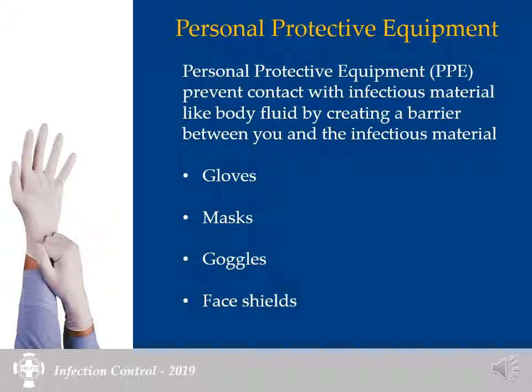It's important to always use appropriate equipment if you expect contact with infectious material. If you do not have appropriate materials available to you, you should request them from your supervisor before exposing yourself to the material. You should dispose of used protective equipment properly and label it as biohazard to prevent others from coming into contact with it.